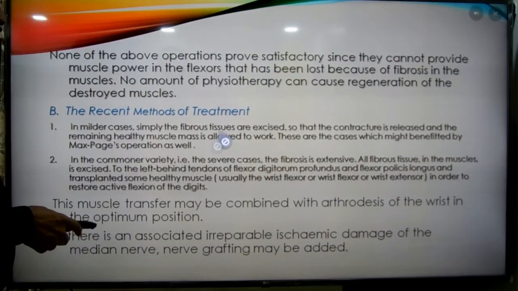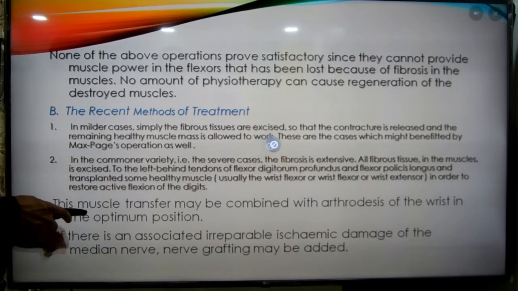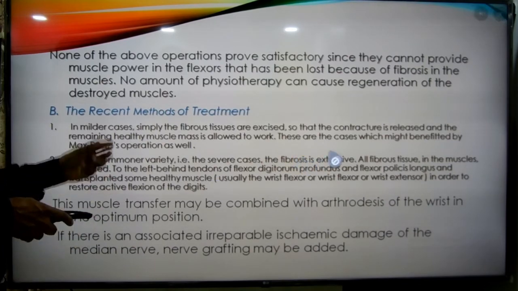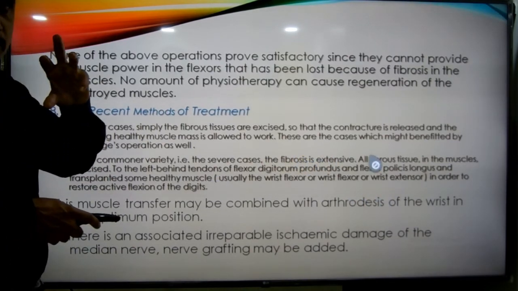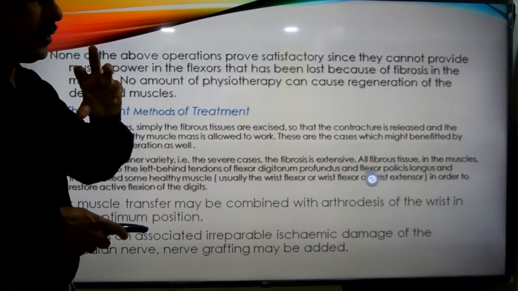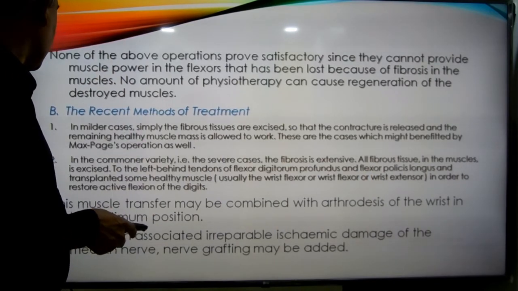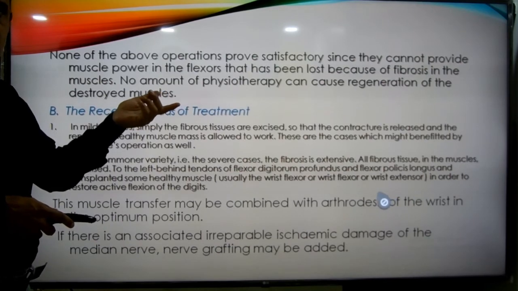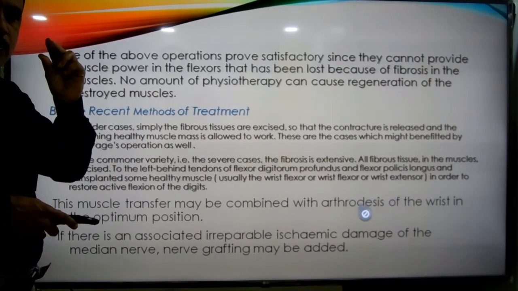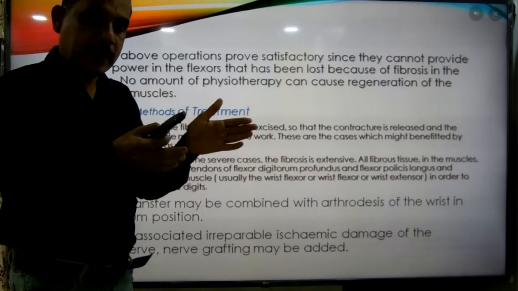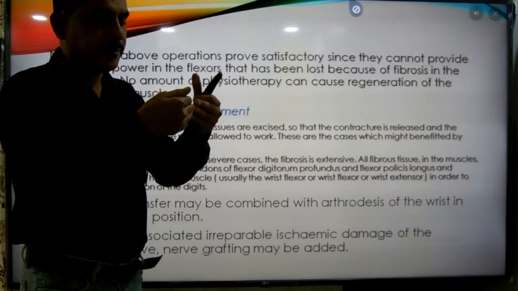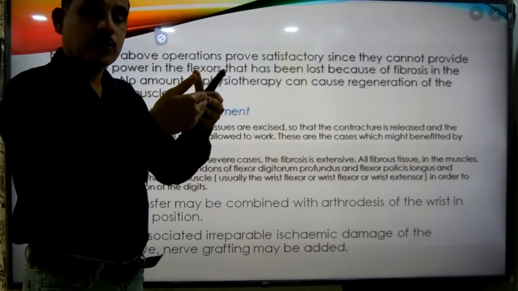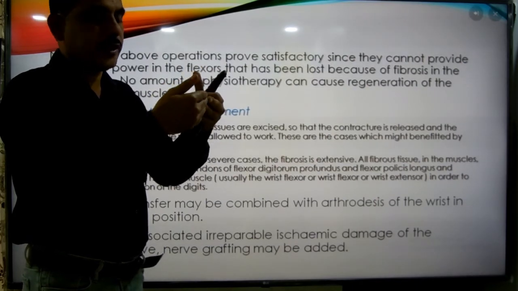Means first is simply removal of what? Small fibrous tissue. Here, removal of the fibrous tissue of the involved muscles of that portion, and the replacement or transplantation of some healthy muscles. If a small mass is there, it can be removed, and the muscle fibers of the same muscle can be tied together, stitched together.